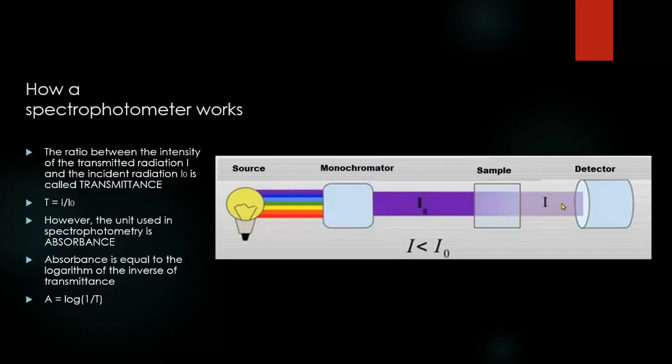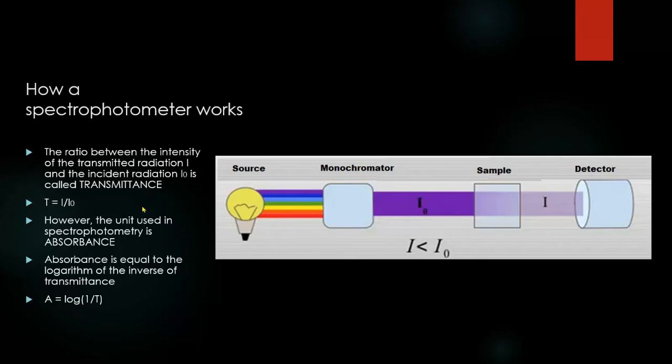The ratio between the intensity of the transmitted radiation I and the incident radiation I0 is called transmittance. So this is the formula of transmittance: I divided by I0.